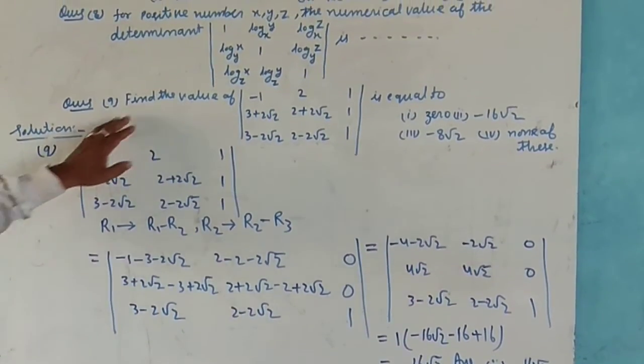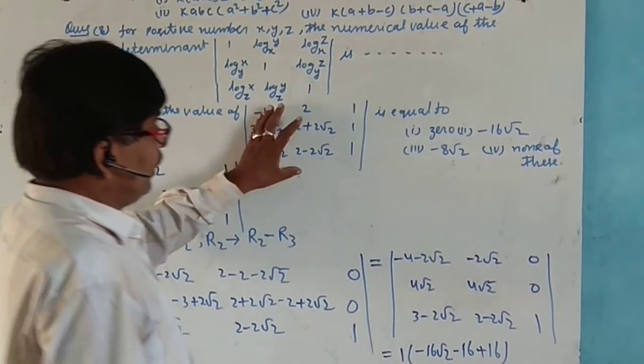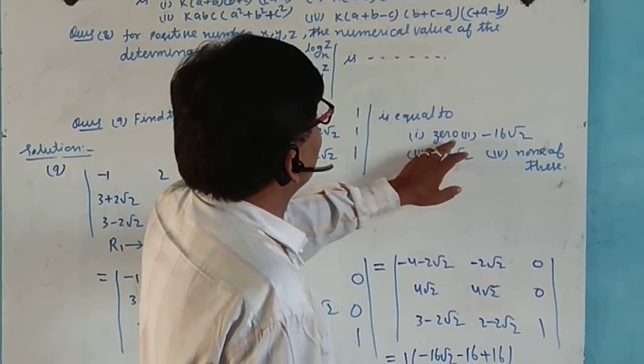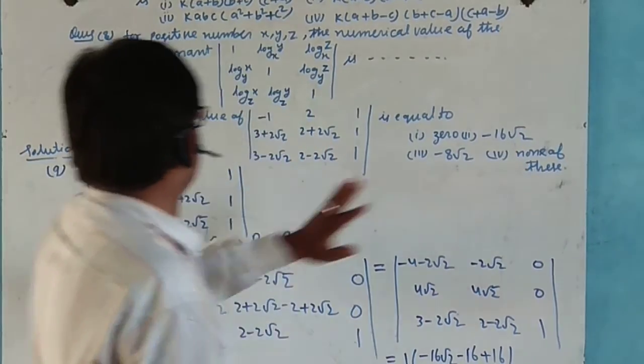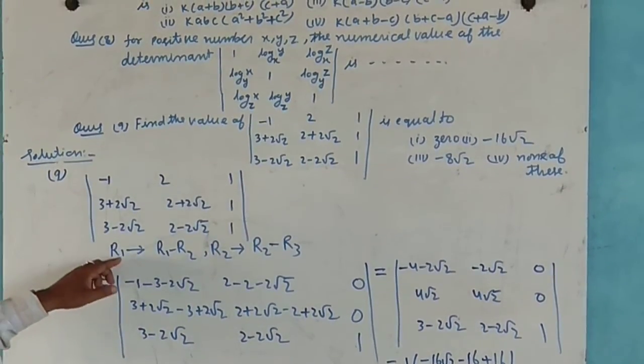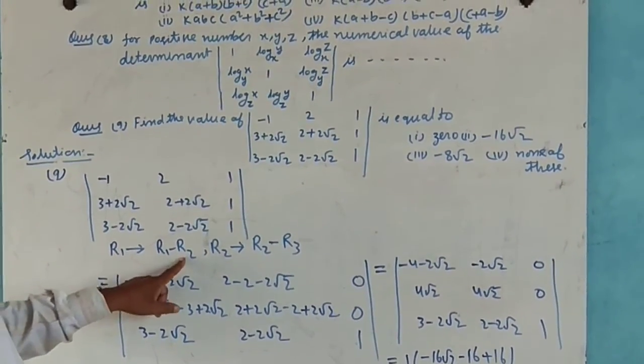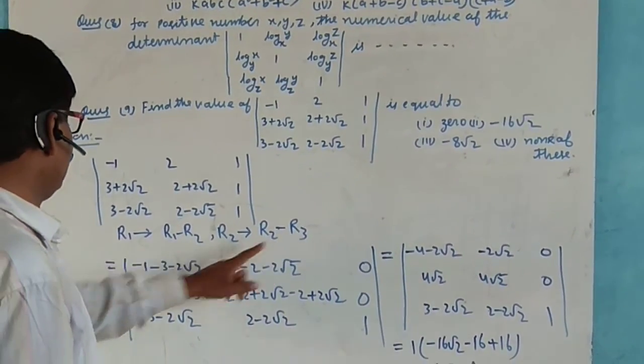Now here question number 9, find the value of this determinant, the options are 0, minus 16 root 2 and so on. Now here we apply R1 replaced by R1 minus R2 and R2 replaced by R2 minus R3.